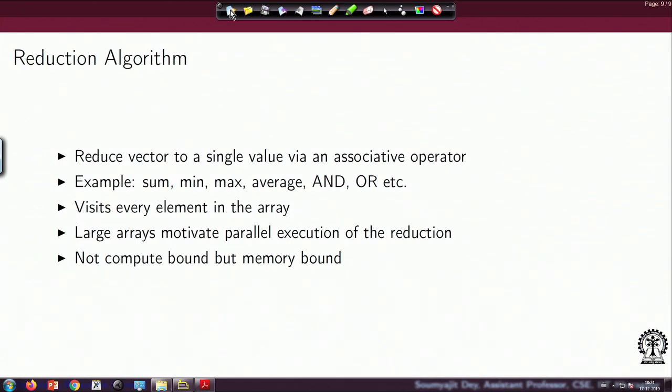So, you have a lot of elements and you carry on this associative operation to get to the final value, and fundamentally you will need to visit every element in the array and perform the operation.